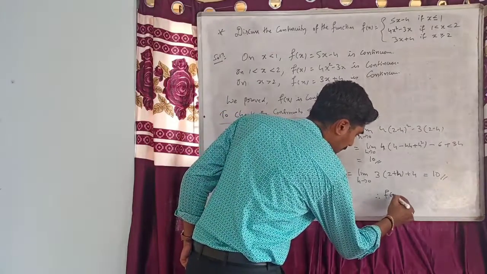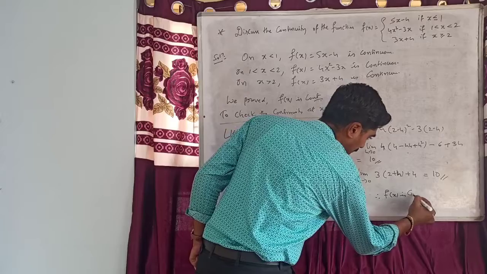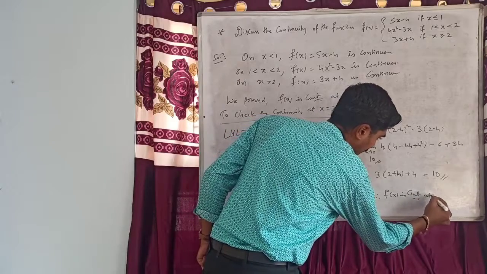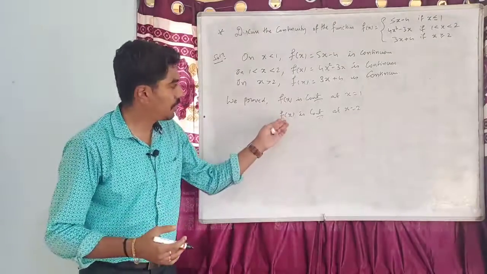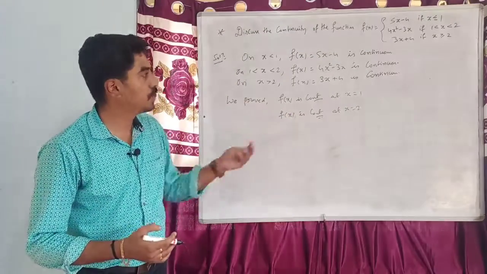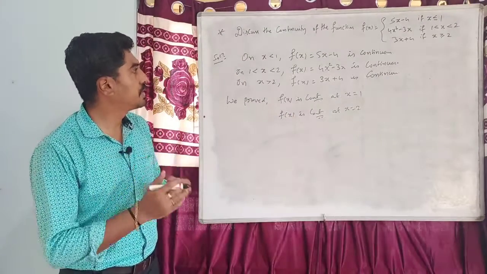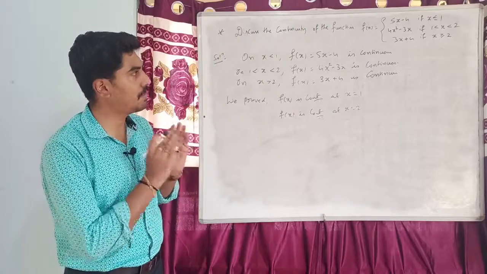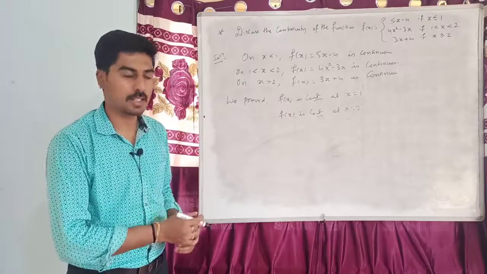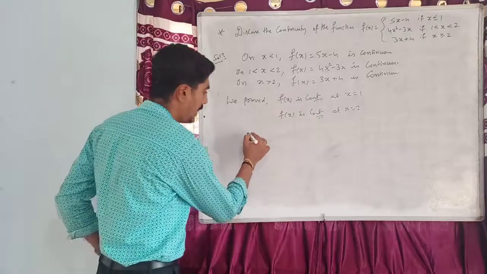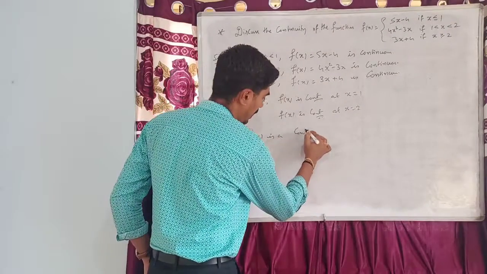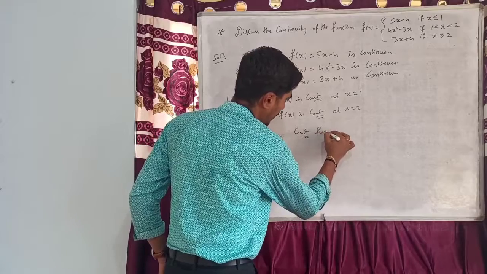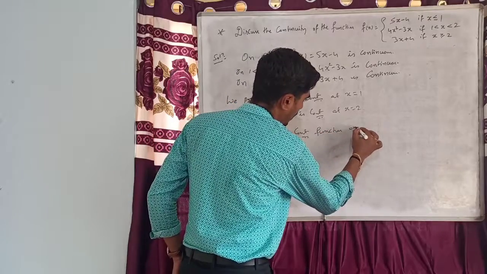Therefore, f of x is continuous at x equal to 2. So we also proved that f of x is continuous at x equal to 2. Since f of x is continuous at every point on the real line, we can say that f of x is a continuous function on R.